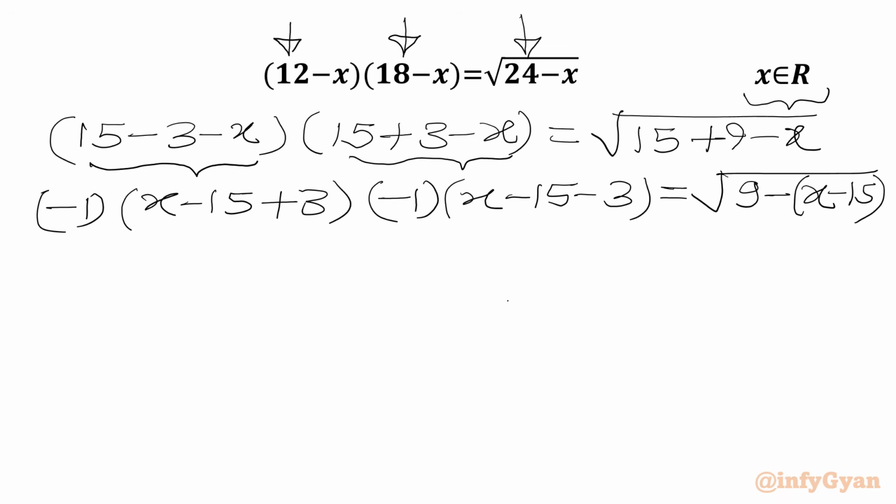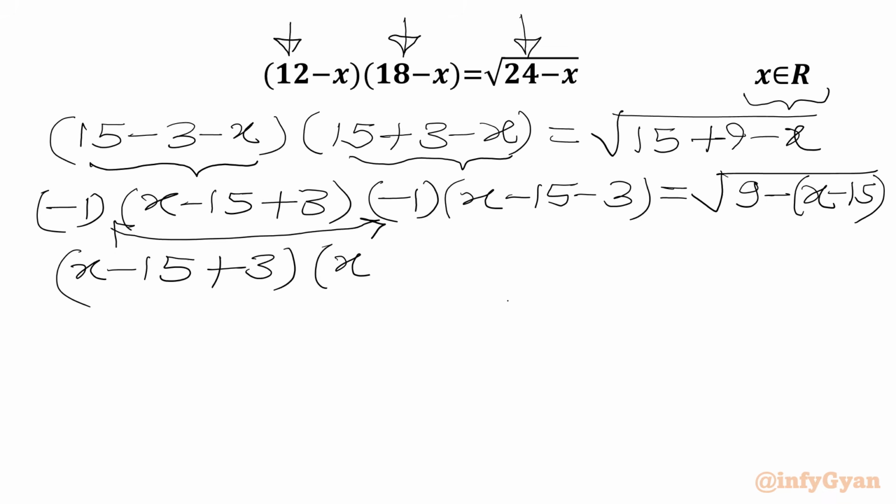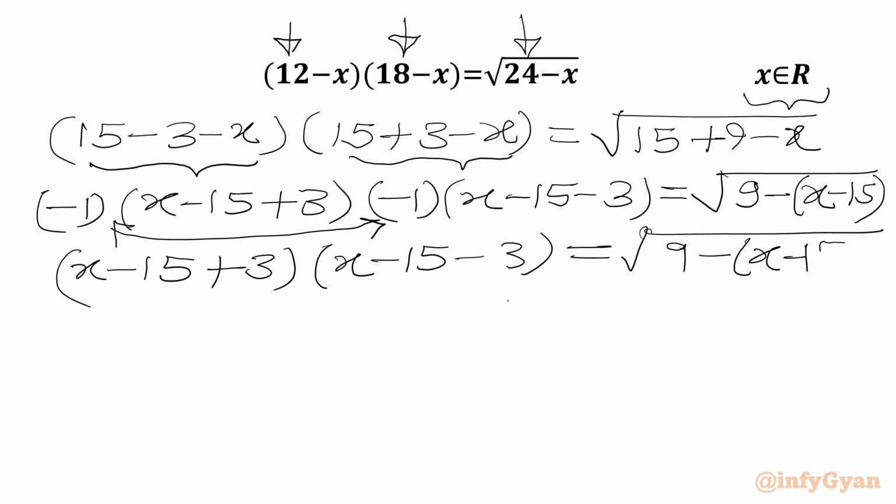Now minus 1 times minus 1 will give us plus 1. We will write x minus 15 plus 3 times x minus 15 minus 3 equal to square root of 9 minus x minus 15.